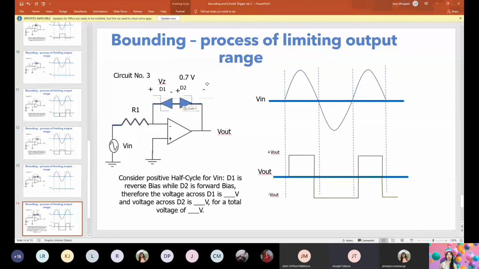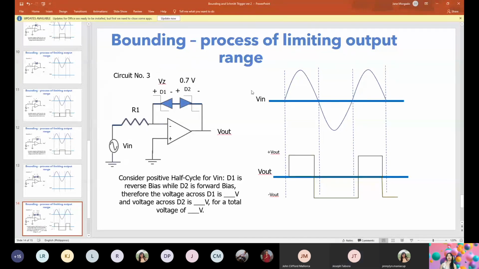So what do you think would be the total V out? Now you have two voltages. What do you think would be the summation? What will happen to VZ and 0.7? Will they subtract or add?